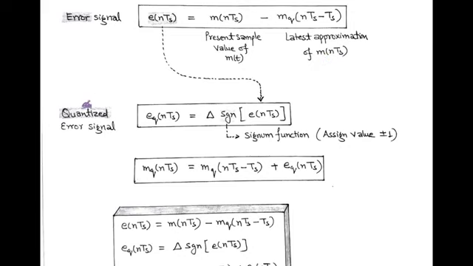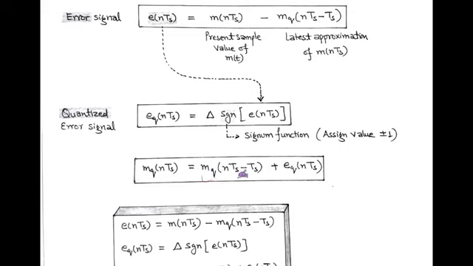The second relation is the quantized error signal, denoted by eq, and it is equal to delta times signum of e(nTs). Here, the signum function has an assigned value of plus or minus 1. And the third relation is the quantized modulating signal mq(nTs), and it is equal to mq(nTs - Ts) + eq(nTs).